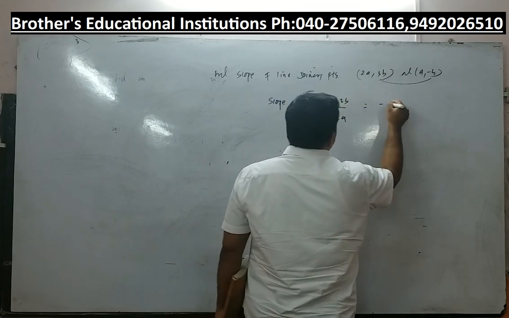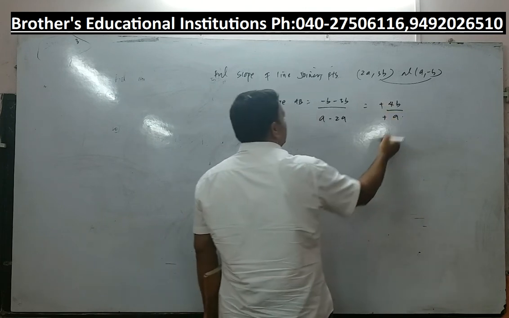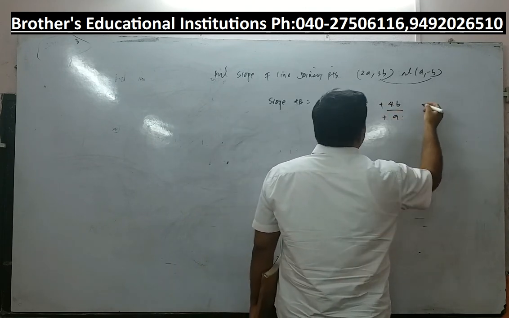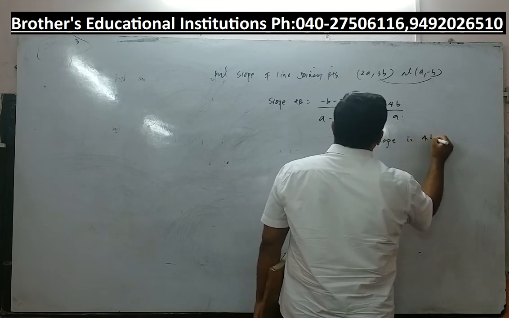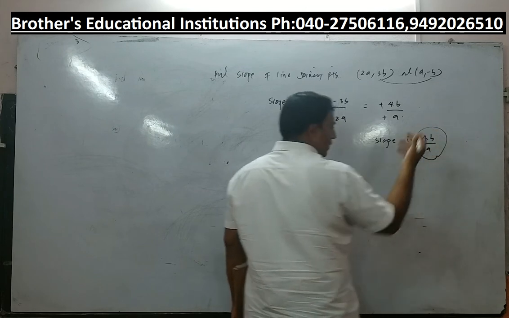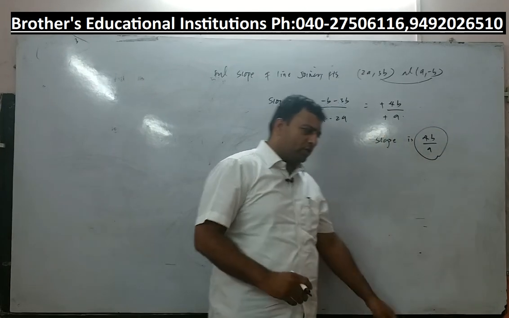Minus b minus 3b is minus 4b, a minus 2a is minus a, minus minus cancel, and what do you write? Therefore slope is 4b by a. You don't call them units, it's a number. You don't have units for the slope, it's a number.